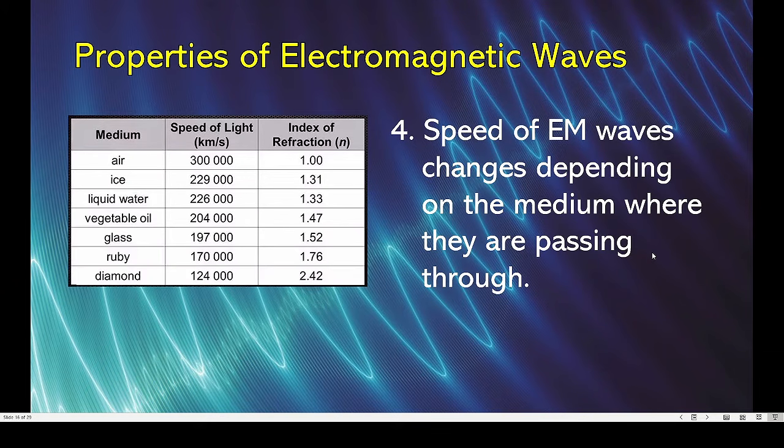Next, the speed of electromagnetic waves changes depending on the medium where they are passing through. A while ago, I mentioned that when we say medium, we are referring to a solid, a liquid, or a gas. Here in the screen, you can see that the speed of light in kilometers per second, these values will vary depending on what type of material the electromagnetic wave is passing through.